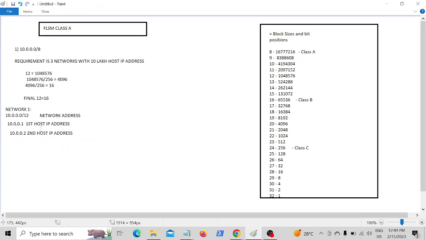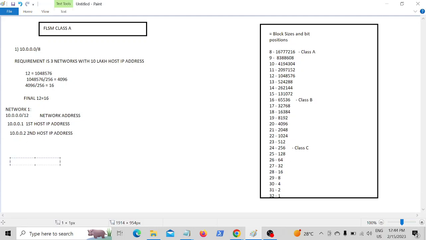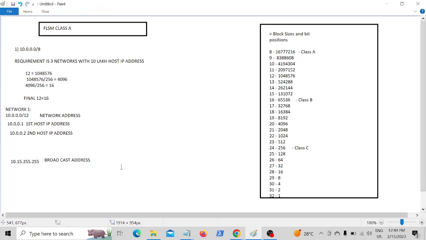What is the broadcast address for network 1? Broadcast will be 10.15.255.255. Why is it 15 there?